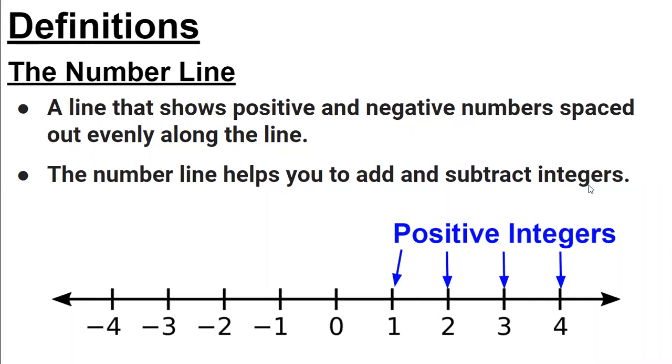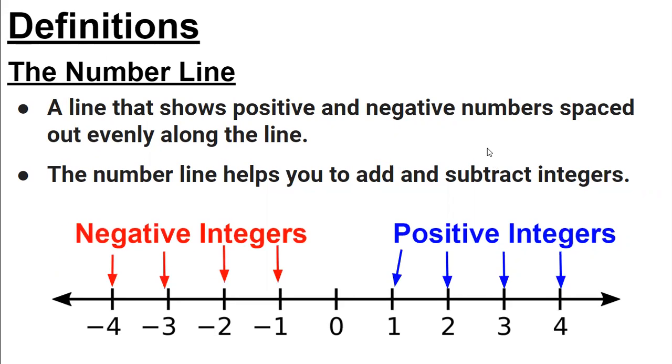And there you will see positive integers, 1, 2, 3, 4. And that arrow on the end of the number line indicates that it goes on forever and ever. So you can keep counting. 5, 6, 7, 8, 9, 10, 11, 12, 13, 14, 15, 16, 17, 18, 19, 20, all the way to eternity. That's how many numbers there are on the number line.